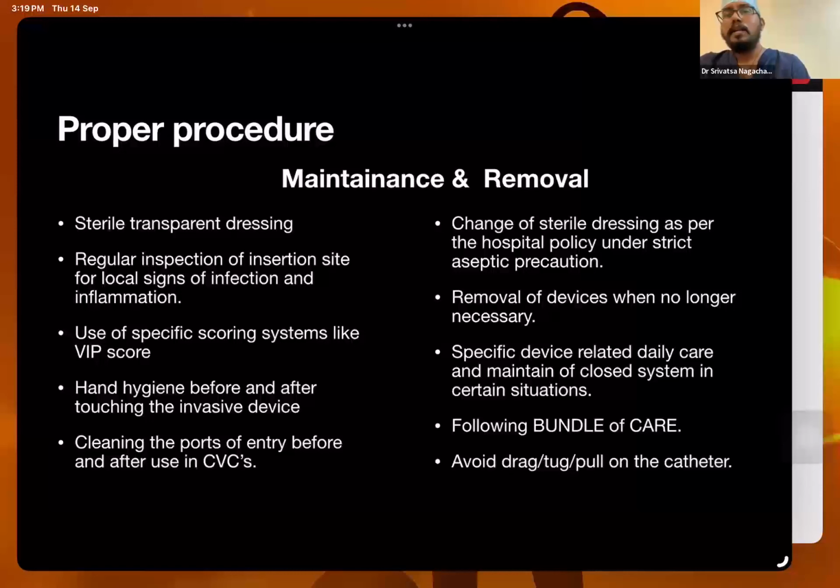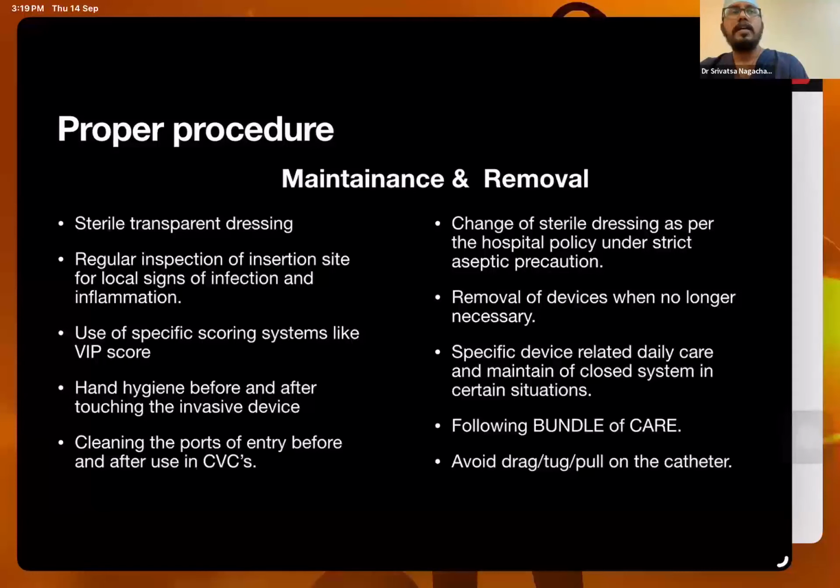What about maintenance? Coming to maintenance, you need to maintain a sterile, transparent dressing. It should not be a completely non-transparent dressing; it should be transparent, and the underlying line should be properly visible.